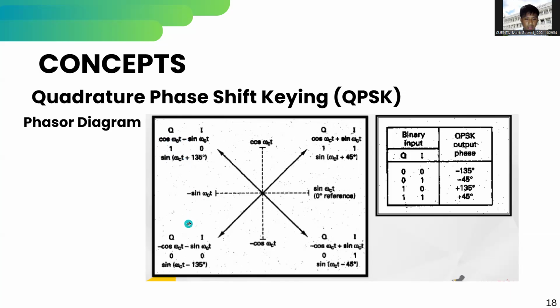In the third quadrant, the 0 0, which is negative x and negative y, we have negative cosine omega ct minus sine omega ct. Lastly, the 0 1, which is the negative x and the positive y as shown in the fourth quadrant, is negative cosine omega ct plus sine omega ct.